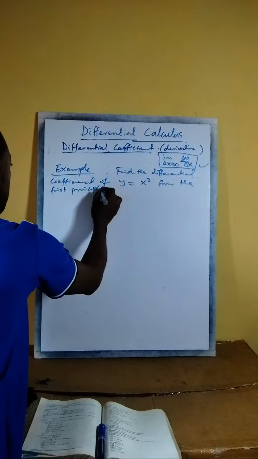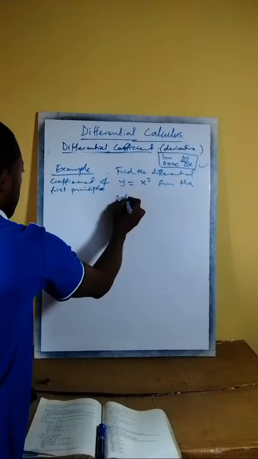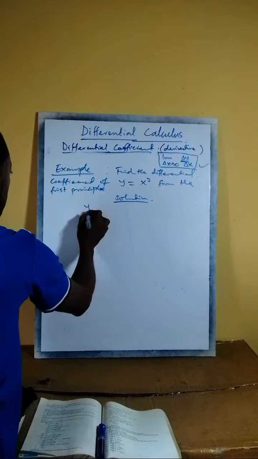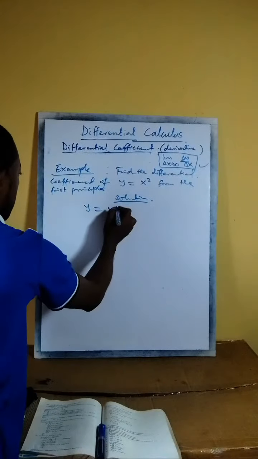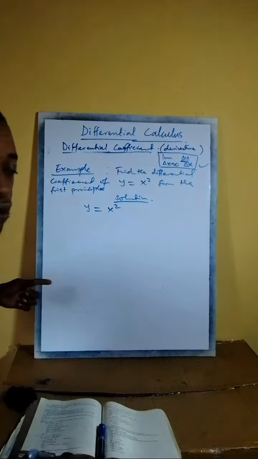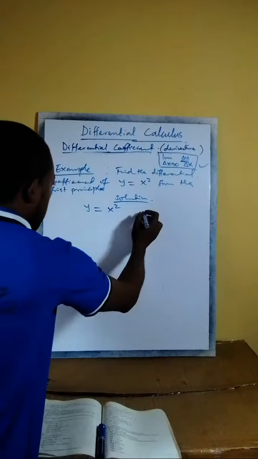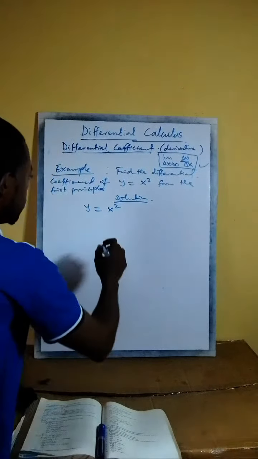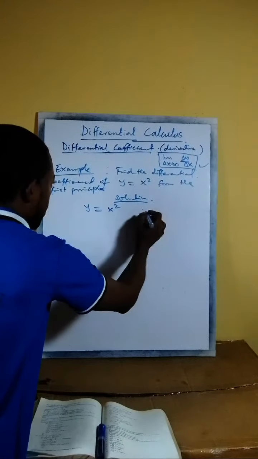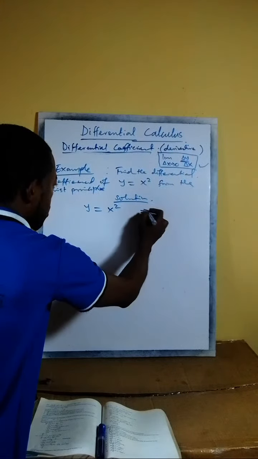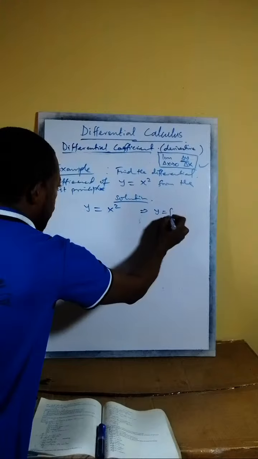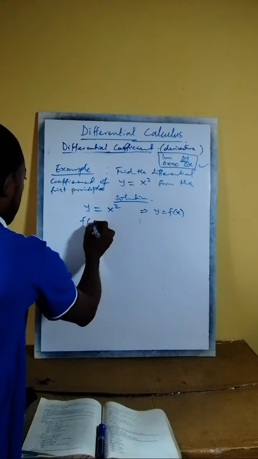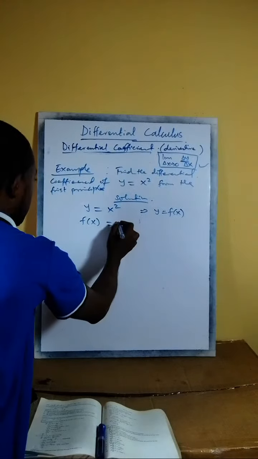Now, solution from what we have. The function given is y equals x squared. That's in the form of y equals f of x, which implies that when we compare this with y equals f of x, the f of x here is x squared.